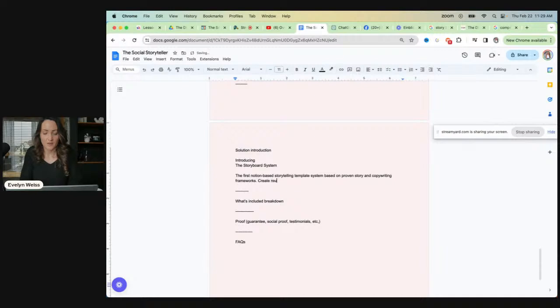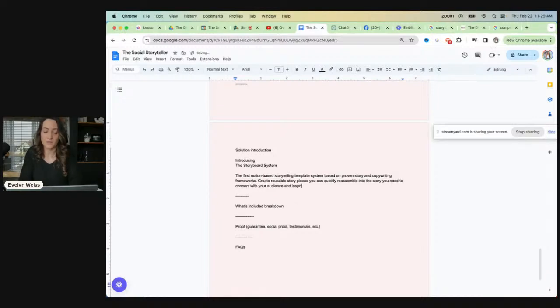Create reusable story pieces you can quickly reassemble into the story you need to connect with your audience and inspire them to take action right now.